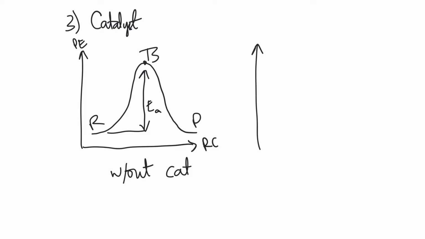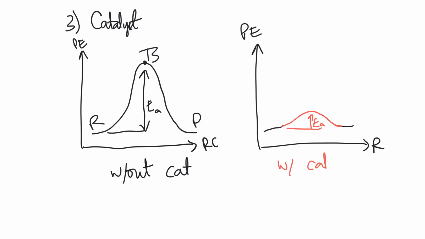And so imagine, though, that the catalyst gave you another way you could do this reaction. Instead of having to go through that very big barrier, you can actually sneak around another way, a much smaller way, right? And that gives you a much smaller activation energy. And so we've seen before, right? The smaller the activation energy, the faster the reaction. So if you've got a catalyst, right, so it lowers that barrier.